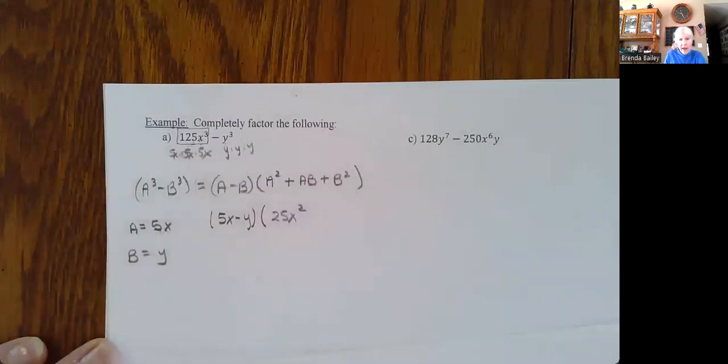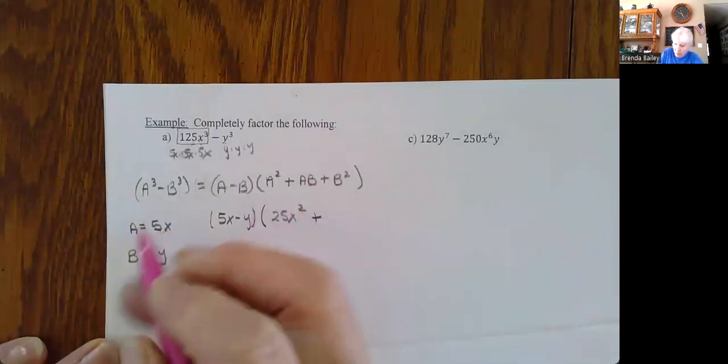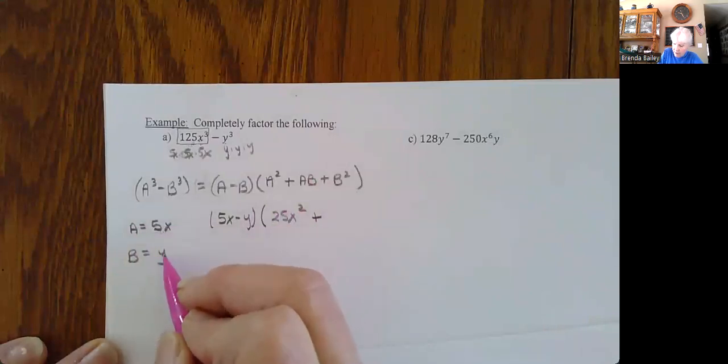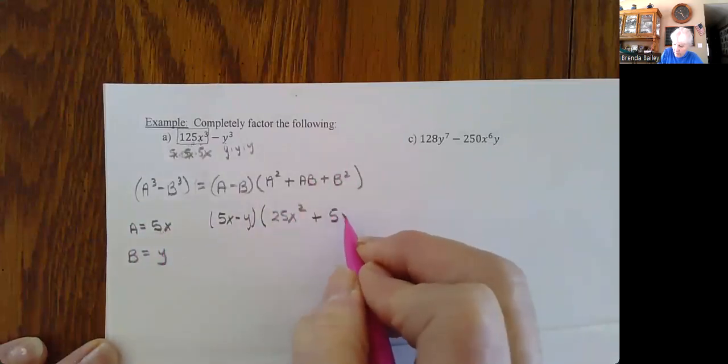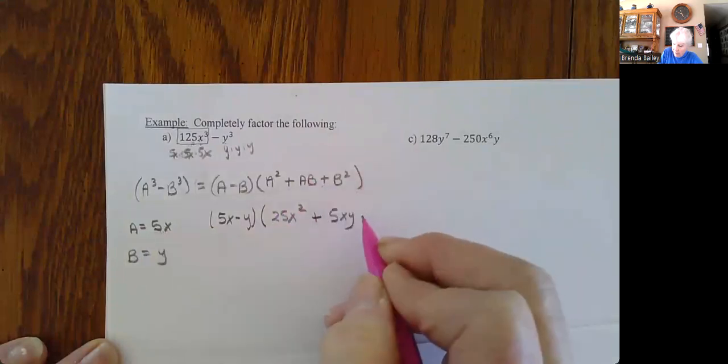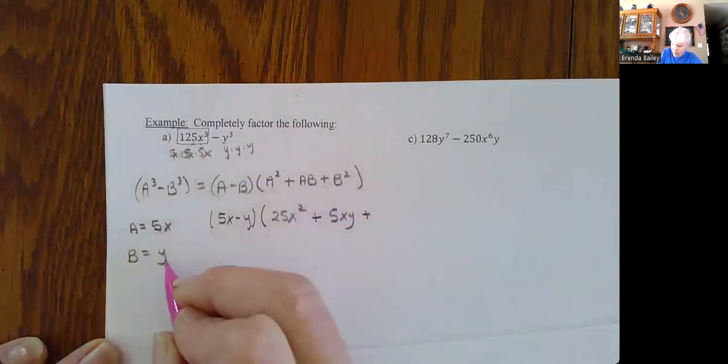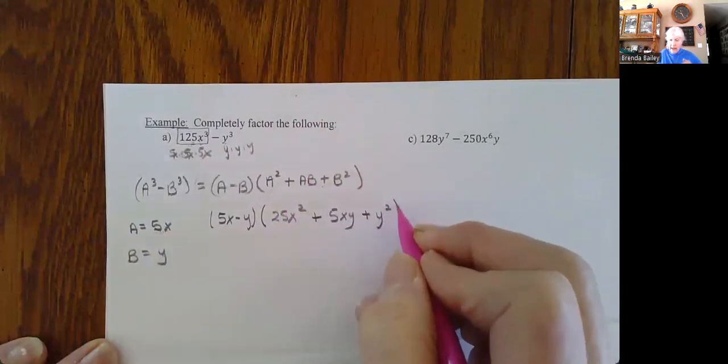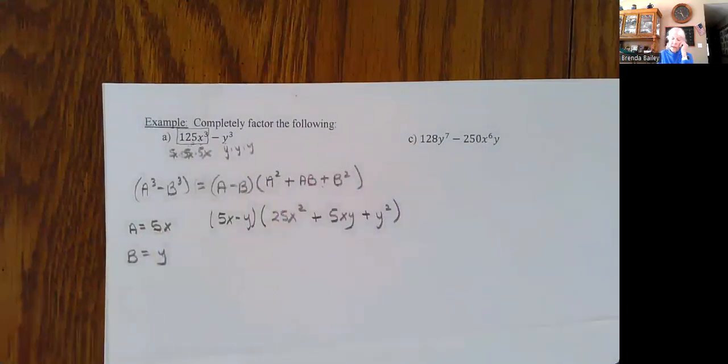Plus, multiply them together, 5xy, plus b squared, y squared. And now you're done factoring. To me, these are sometimes easier than doing the guess and check method or the Xbox method.